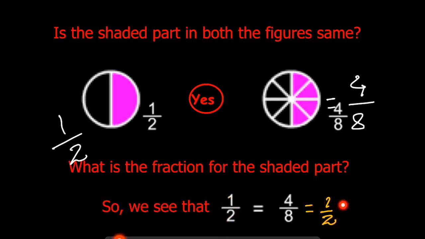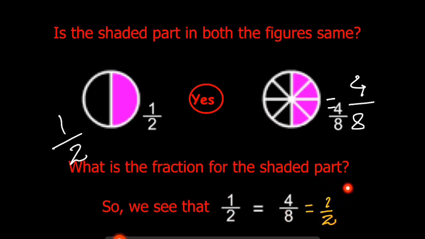These two fractions are basically the same. 1 by 2 and 4 by 8 are the same, because 4 by 8 in its lowest form is 1 by 2, and this fraction is also 1 by 2. So these two are equal fractions. Such fractions are equal but look different. Here it looks like 1 by 2 and here it looks like 4 by 8. They look different, but actually they are the same.